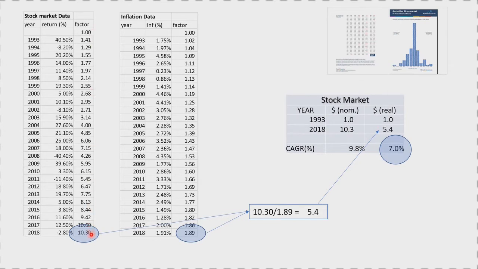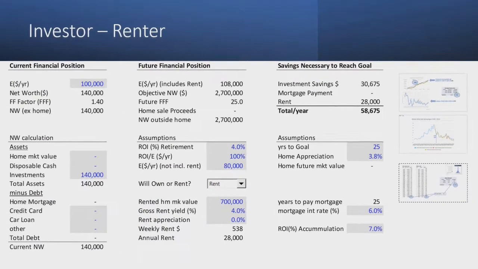There has been 9.8% appreciation in the last 25 years, and if I remove inflation, it will give me 7% real return. So that's why I'm using 7% here.